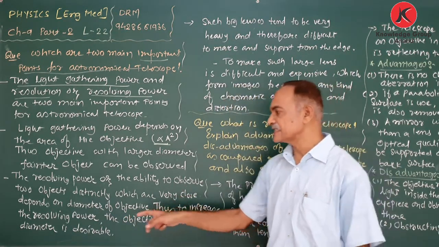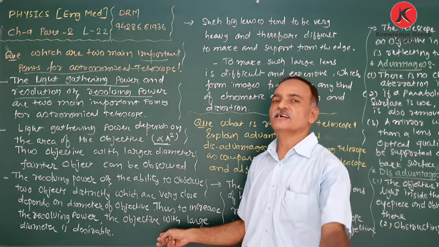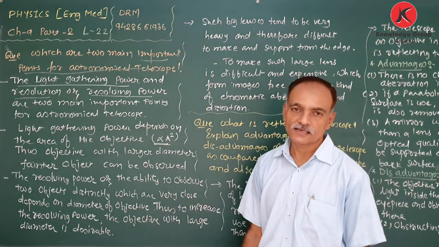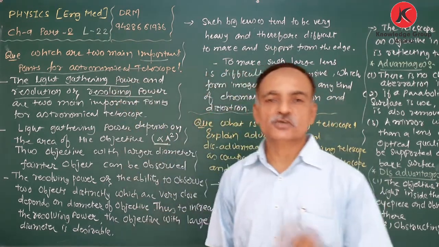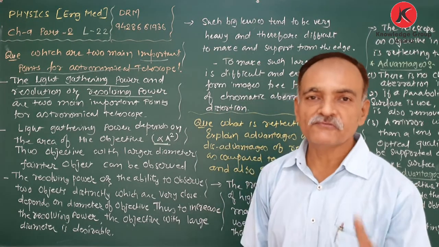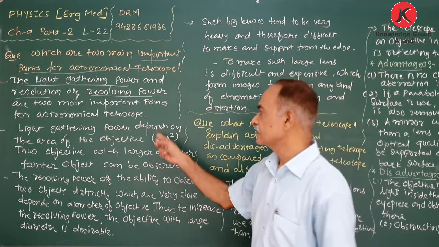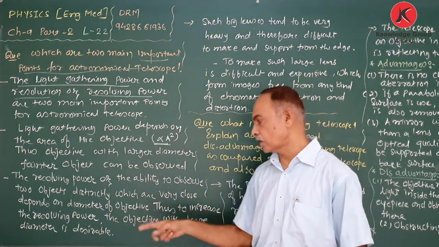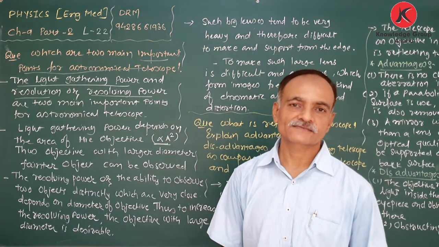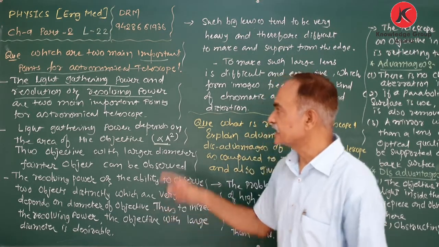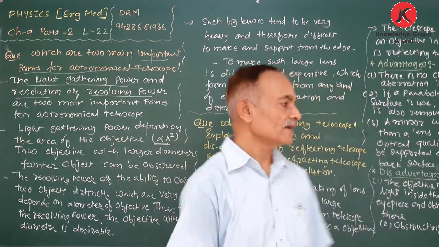Thus, to increase the resolving power, an objective with larger diameter is desirable. Therefore, in an astronomical telescope, an objective with larger diameter is necessary to obtain the image of a fainter object or to separate the images of two close objects. Clear? So, these are the main important points for the astronomical telescope.